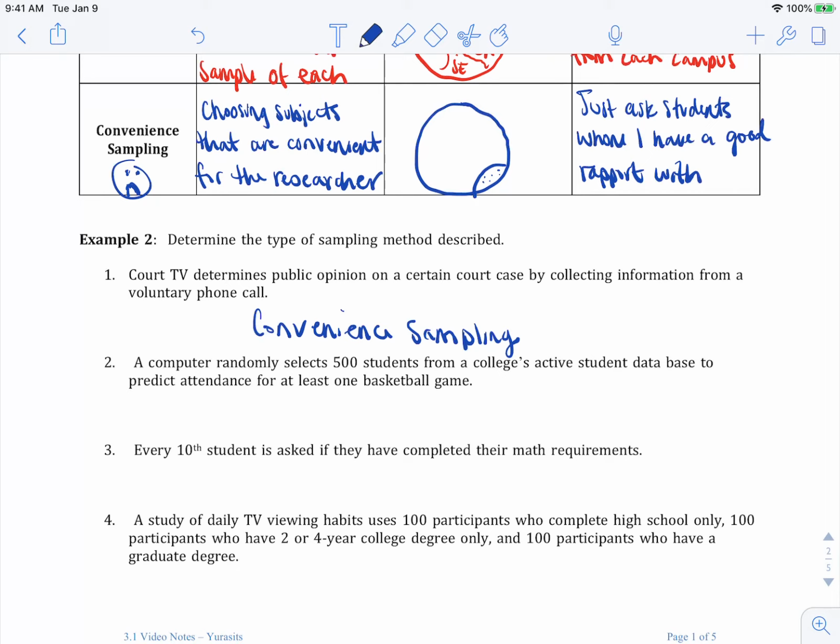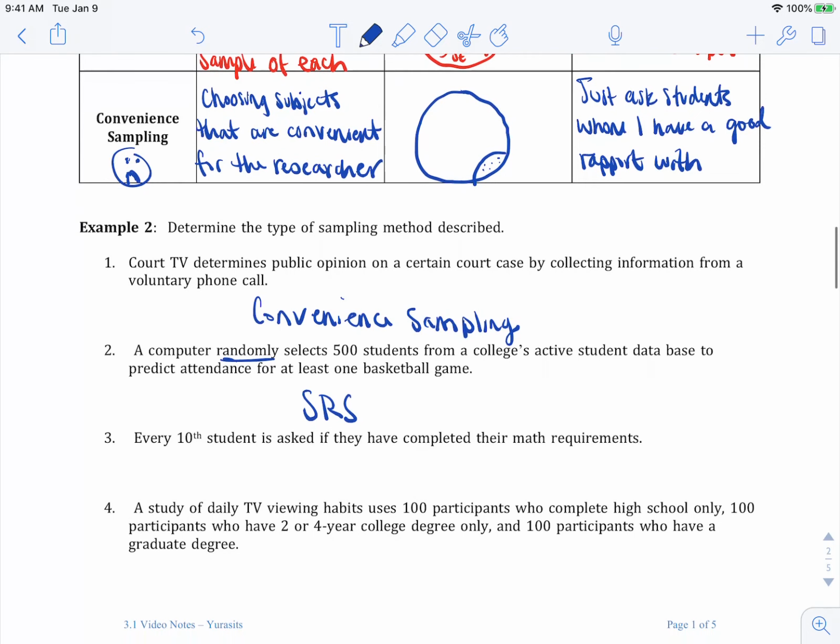And this gives it away. And that is why this would be your simple random sampling. 3, every 10th student is asked if they've completed their math requirements. Well, this gives it away. Every 10th student. So that's why this is systematic.